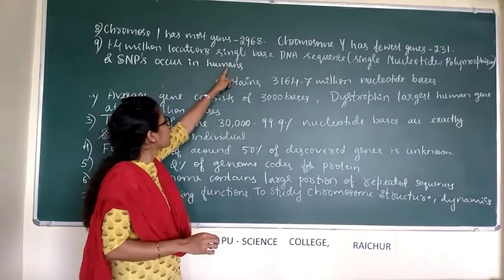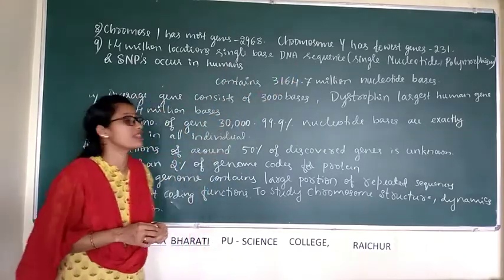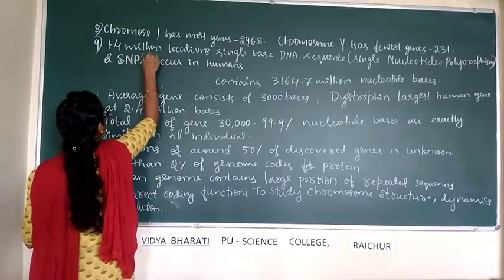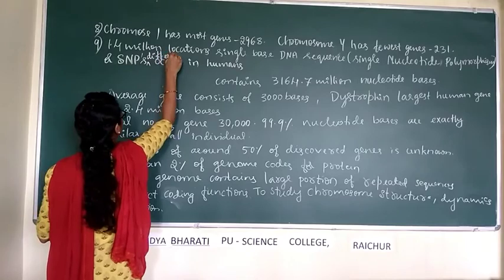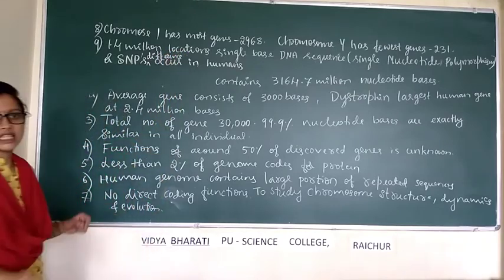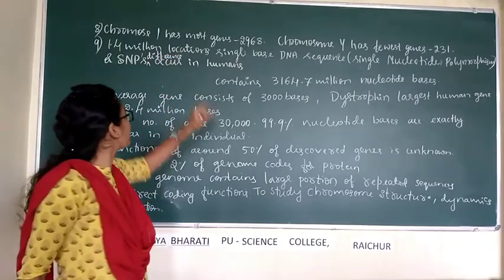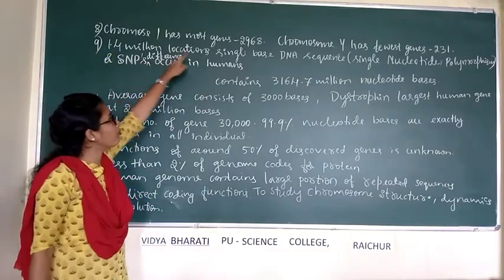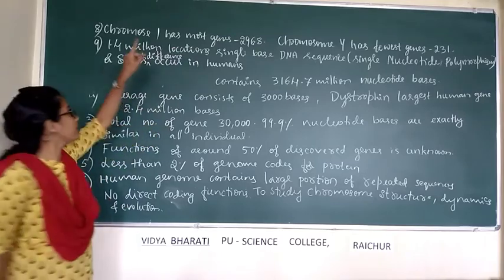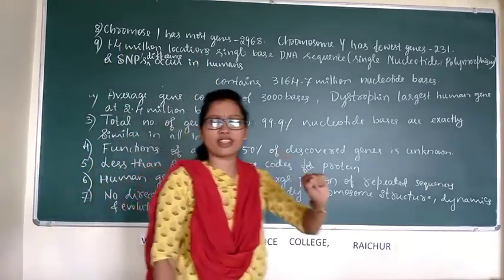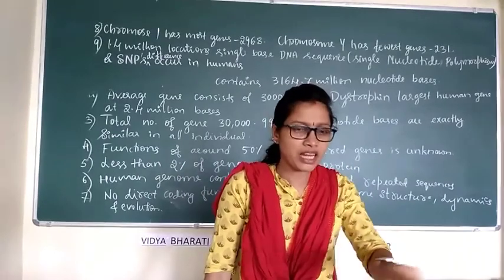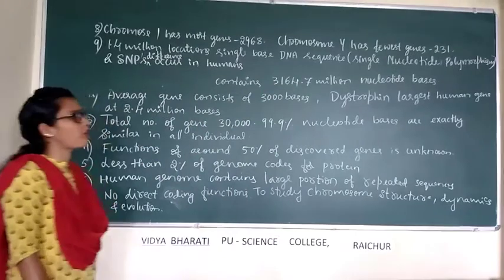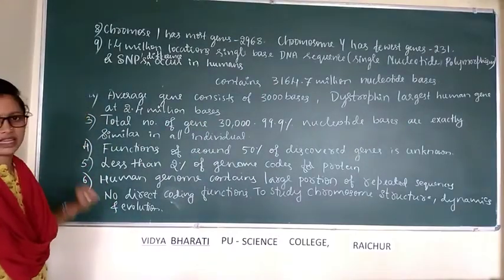That is called a single base DNA sequence difference. It occurs in humans at around 1.4 million locations. In these locations, you can observe a difference in only one base. The remaining bases are the same. That is called single nucleotide polymorphism, or SNPs.